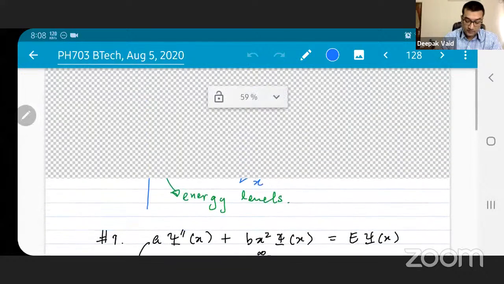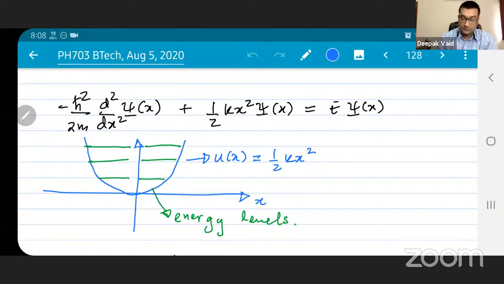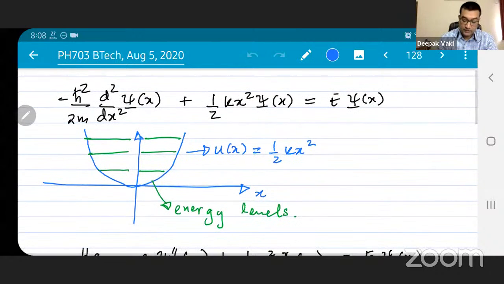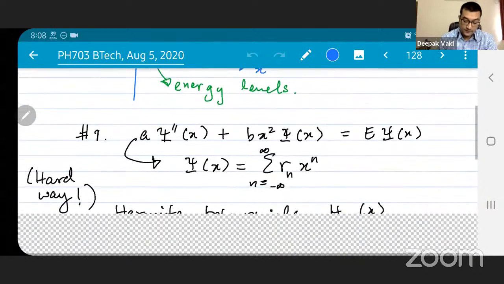Then, a preview of the results we expect: we will see some quantization of energy levels. The potential of the harmonic oscillator is a parabola, right?